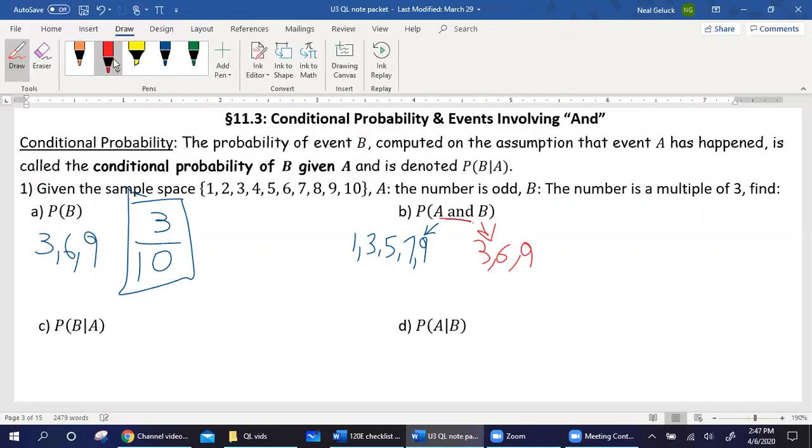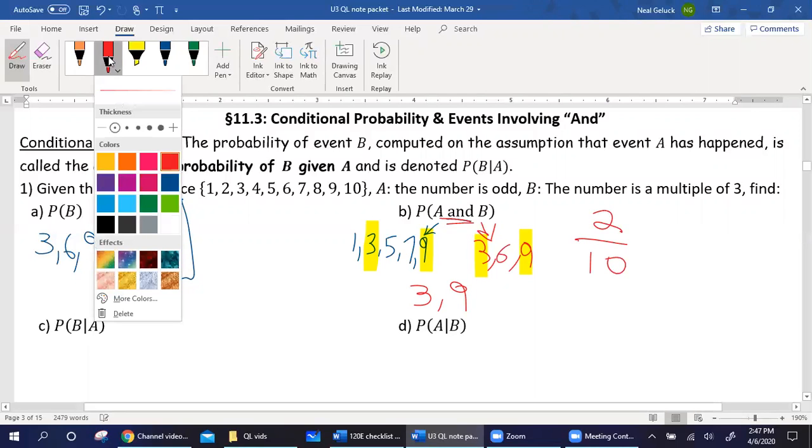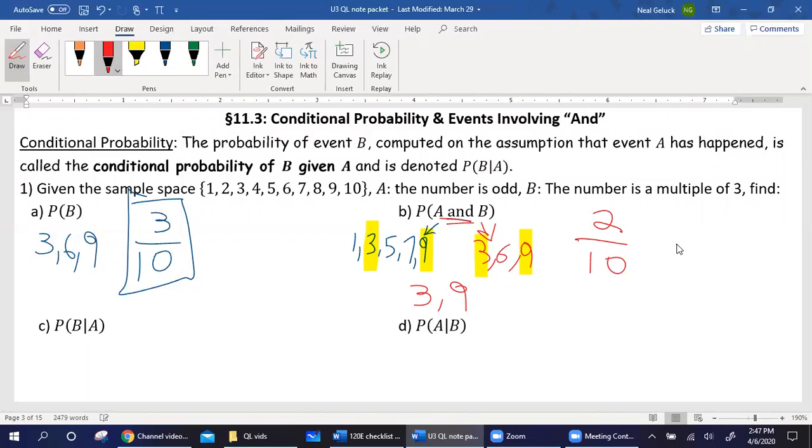Remember when we talked about this in our first unit, and means both have to be satisfied. So I'm basically looking for the overlap here. 3 is an overlap, and 9 is an overlap. So to be odd and a multiple of 3, it's the numbers 3 or 9. So that's 2 preferred outcomes over a total possible of 10, or 1/5.